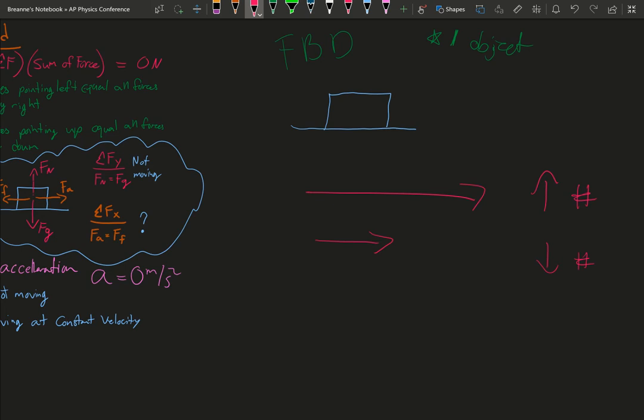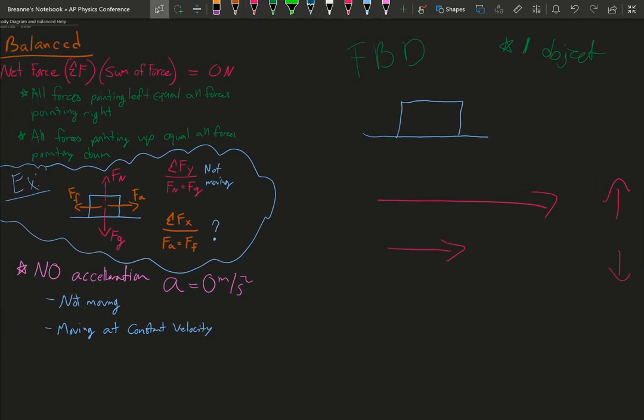So the length of your arrow matters. If you know one force is stronger than the other, draw it out. You don't have to sit there and get a ruler and do proportion or anything. Just make it obvious when I look at it, or when your AP graders look at it, they can see that one's way longer than the other one. If they need to be equal, like in this case, your force of normal and force of gravity.